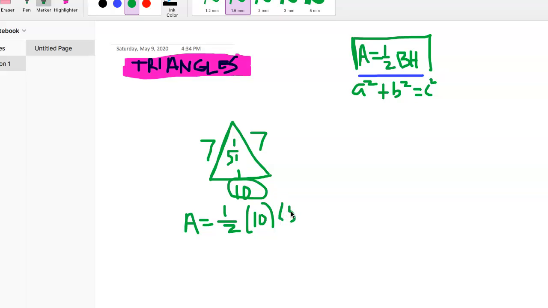Then we just have to do some quick multiplication. 10 times 5 is 50. And 1/2 of 50, or you could also say 50 divided by 2, is 25. That would be our answer. That's how we do those. Area equals 1/2 base times height. Don't get thrown off by this stuff over here on the sides. It don't mean nothing.